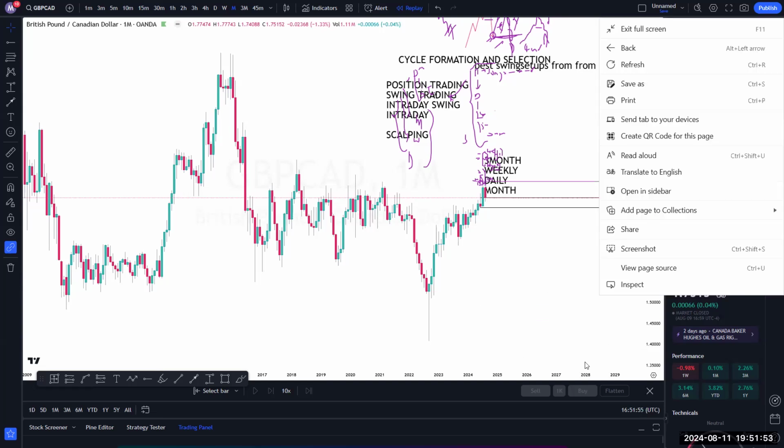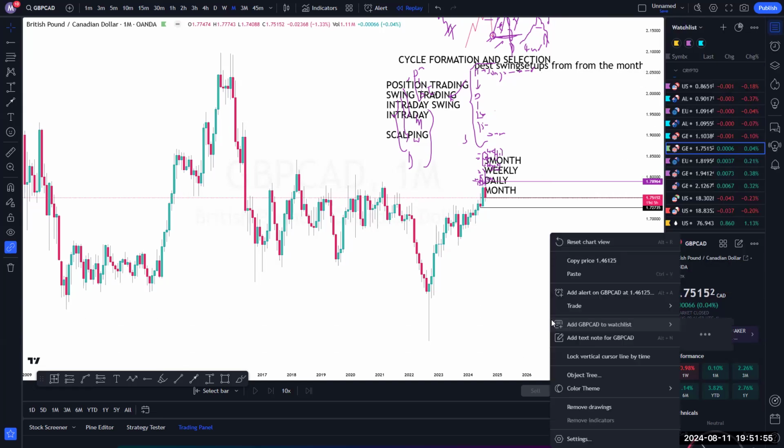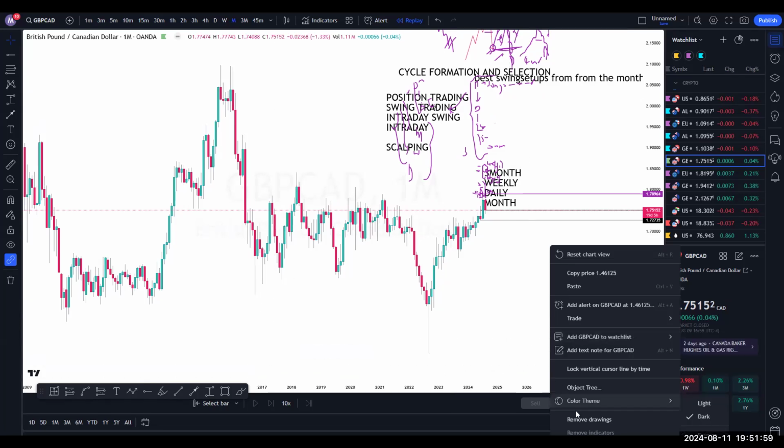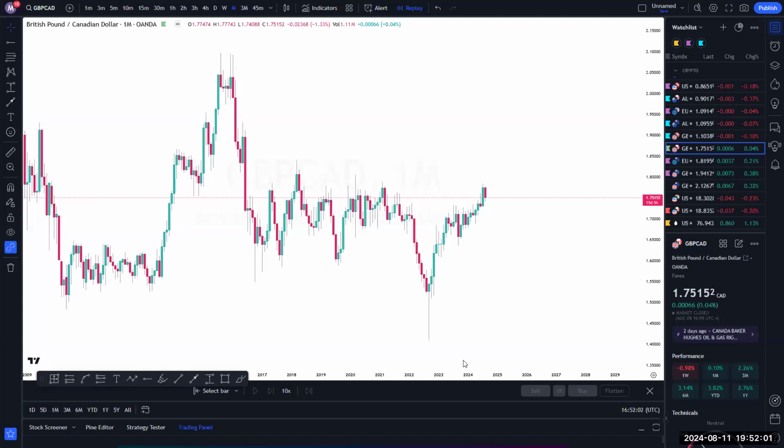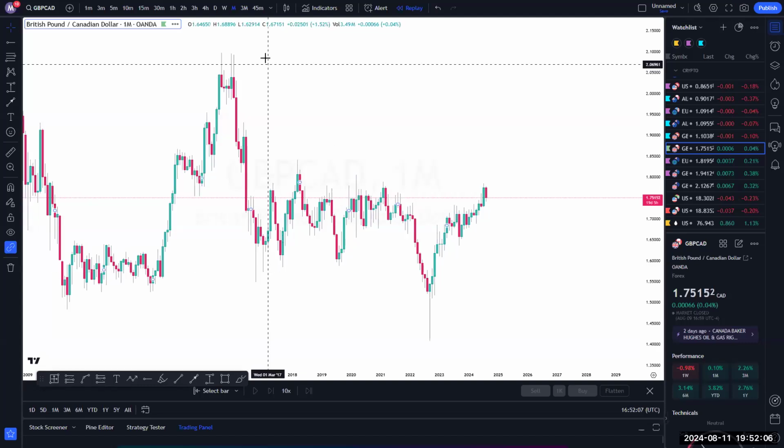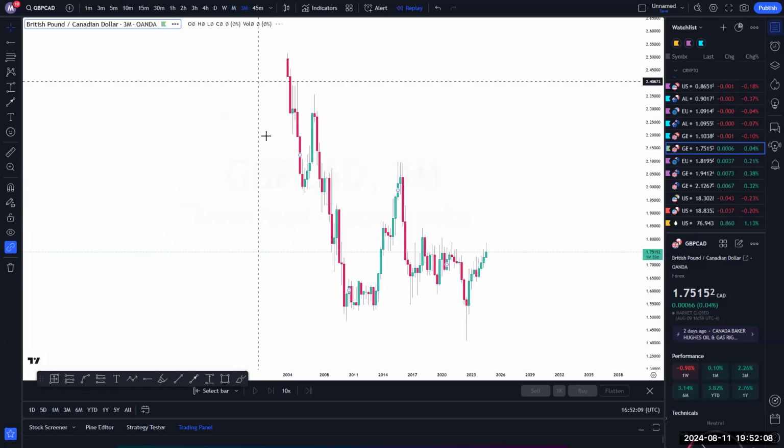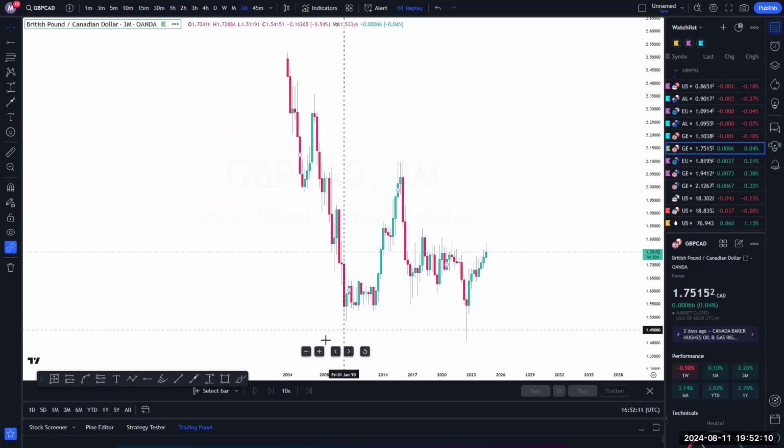Let me first delete everything. So now this is the daily time frame. Okay, so we first go to the 3 month, and I'll show you if you're looking for a swing.